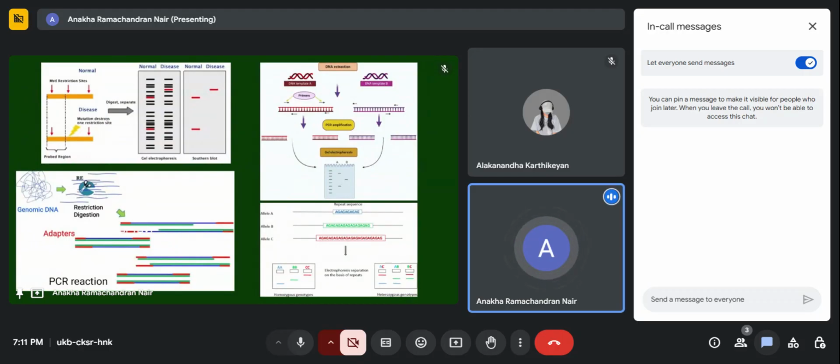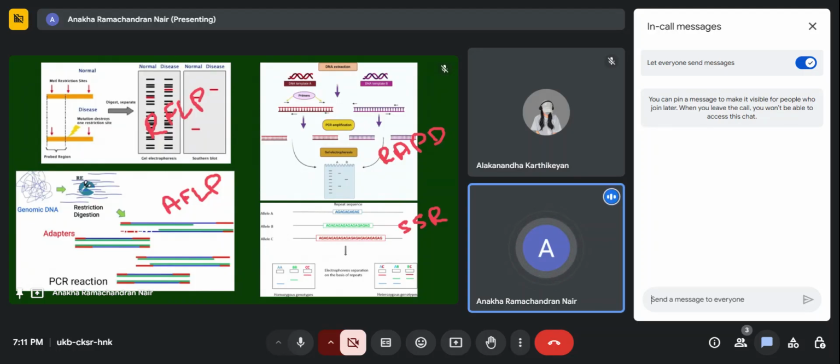The first one that you see here is RFLP. This is RAPD. This is AFLP, and this is SSR. The question is asking which molecular marker is dependent on both restriction digestion and PCR technique.